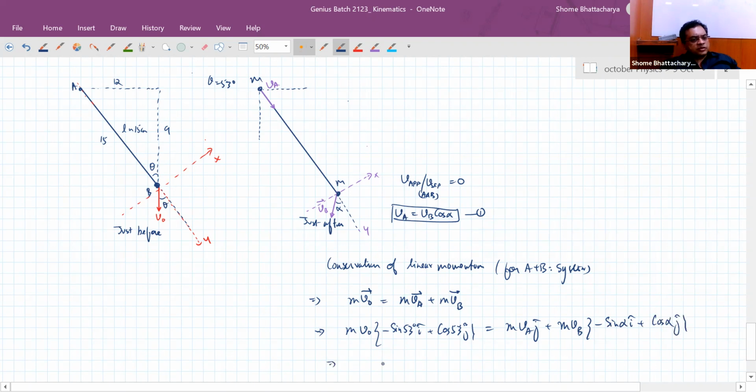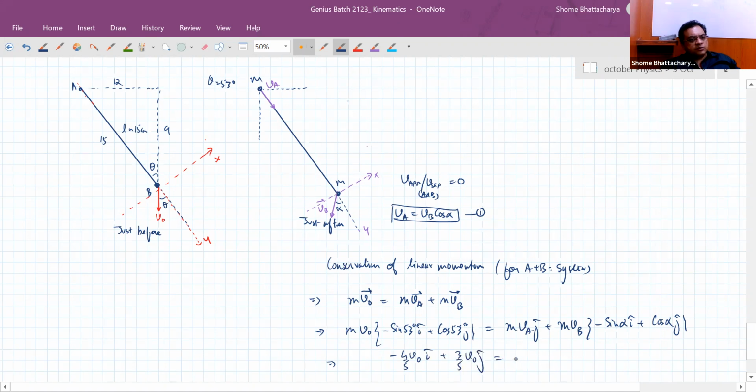So you see something interesting here. We'll get minus 4 by 5 v naught i cap plus 3 by 5 v naught j cap.